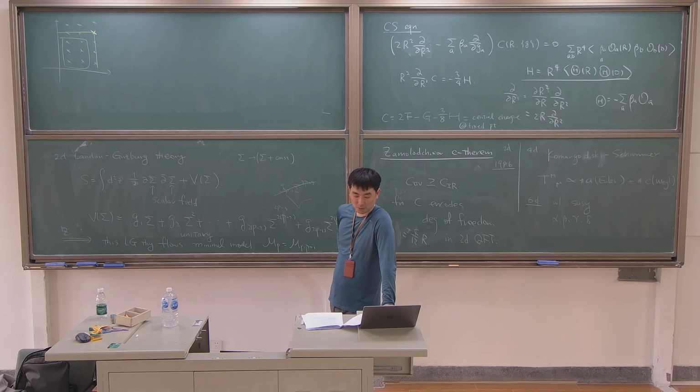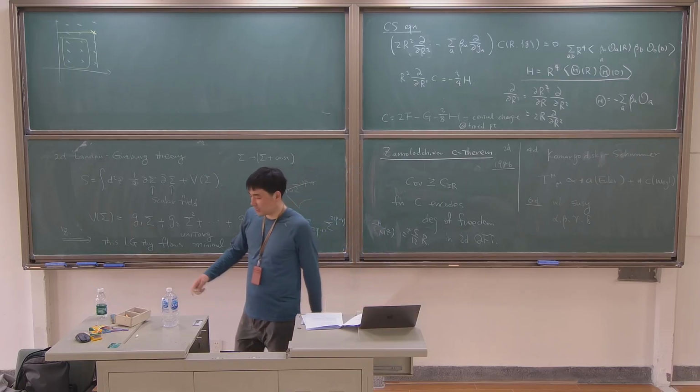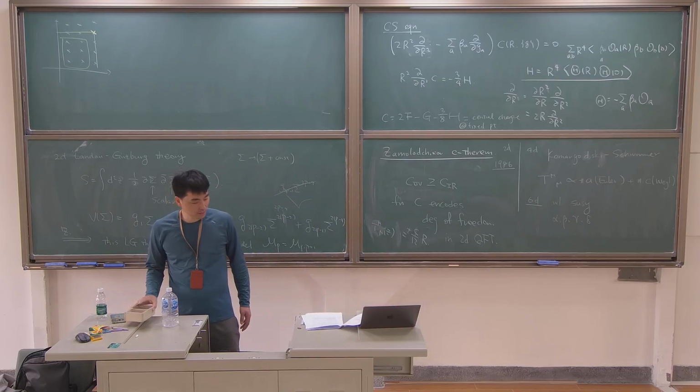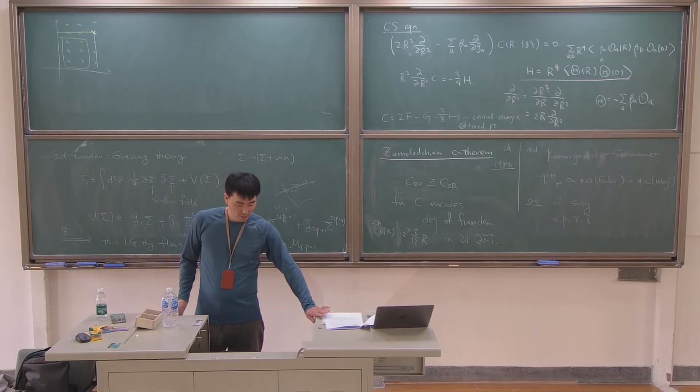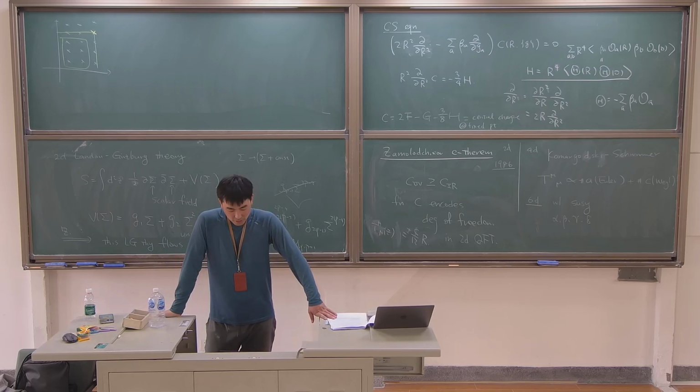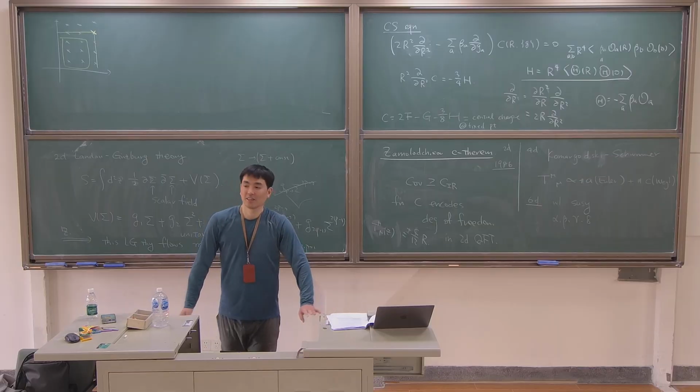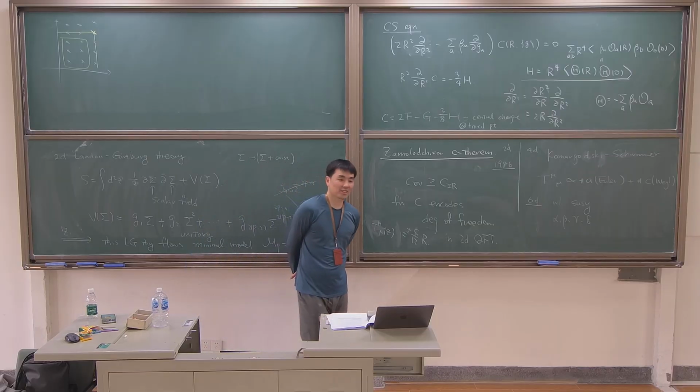My plan is to next time talk about this flow to the minimal model from the Landau-Ginzburg model. Then after that, we move to the general CFT in general dimension. So that is the plan. Do you have any comments, suggestions, requests?